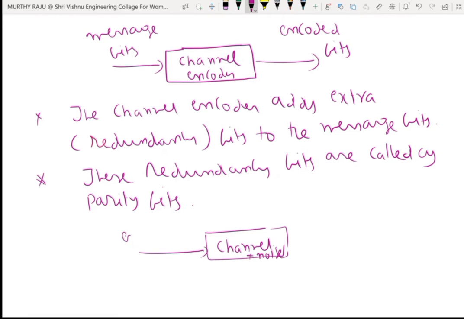Encoded bits are passing through the channel and some noise is added. Output of the channel is the encoded bits with some noise.